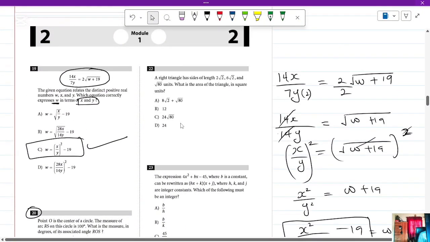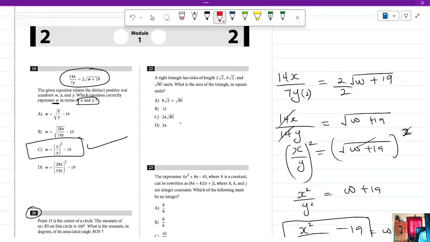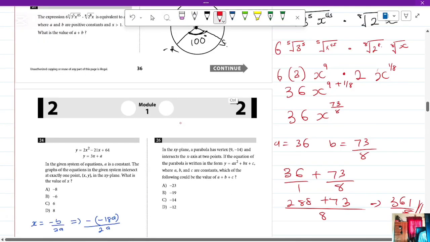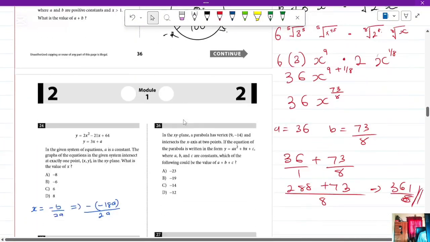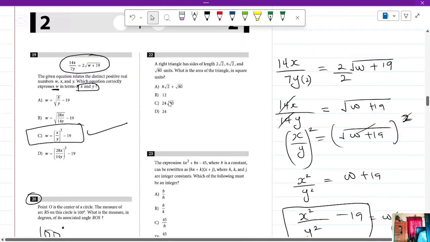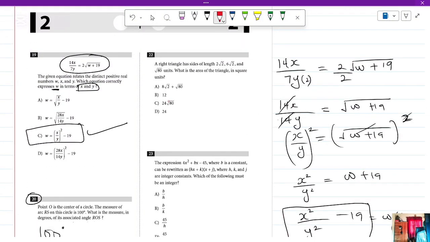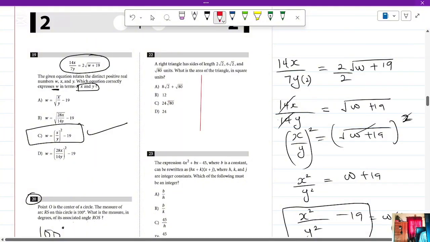Now number 22. They said the right triangle has side lengths this, and root 80. What is the area of the triangle in square units? Okay, now remember that this is how a right angle triangle looks like.